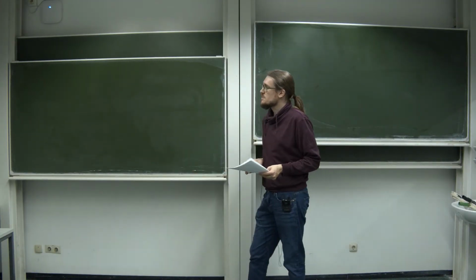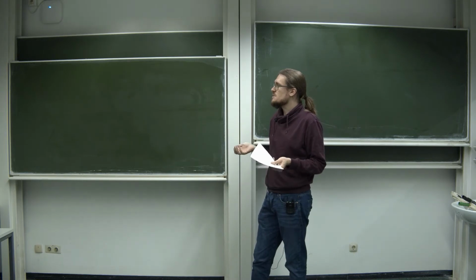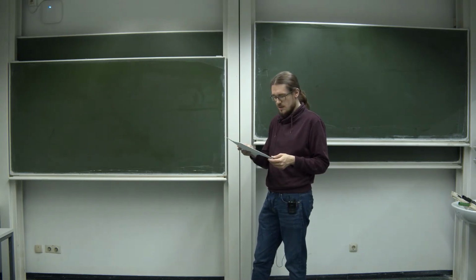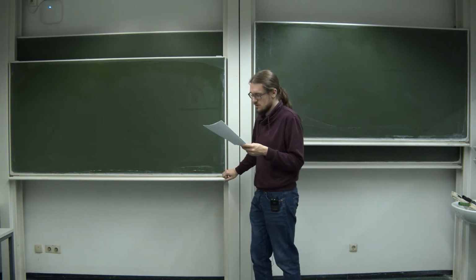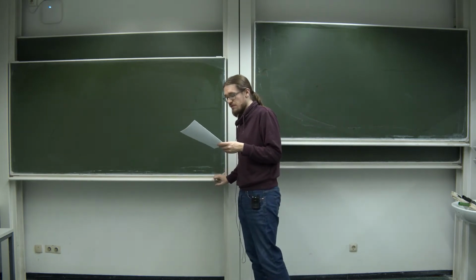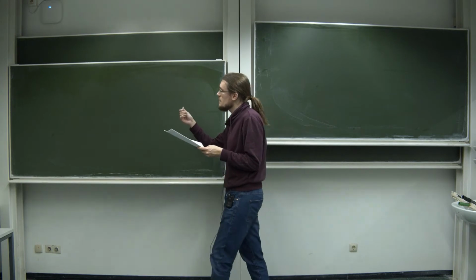So to talk about limits and finite limits and colimits in general in D(A), we will need some stuff about filtered colimits.